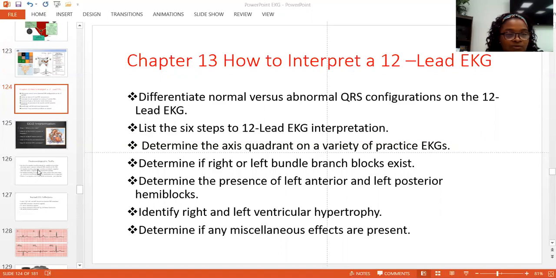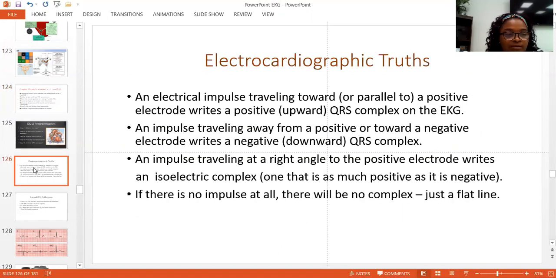So let's do a little review from yesterday. We talked about the electrocardiographic truths. Okay, so let's review them. An electrical impulse traveling toward or parallel to a positive electrode writes a positive or upward QRS complex on the EKG.